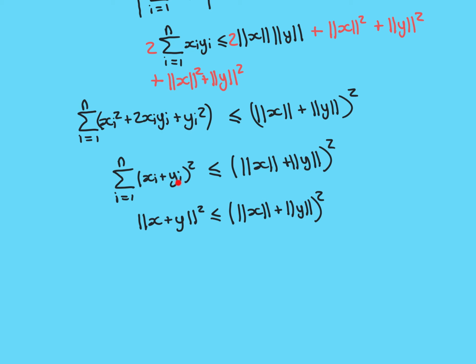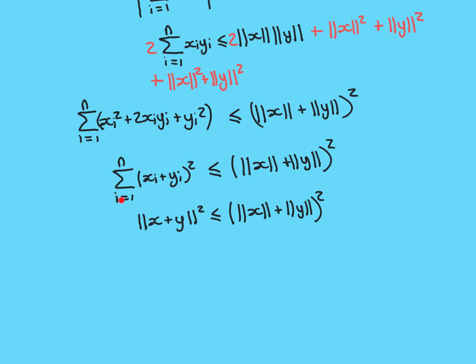So this thing that we've got on the left-hand side is just the Euclidean norm of x plus y, squared. So we can turn this left-hand side into the norm of the x plus y vector squared, because if you think about what this norm would be, the vector x plus y, you need to add all of the components of the x vector component-wise to the components of the y vector, and then if you wanted to take its norm, you'd need the square root, but we're taking the norm squared, so we can abandon the square root sign.